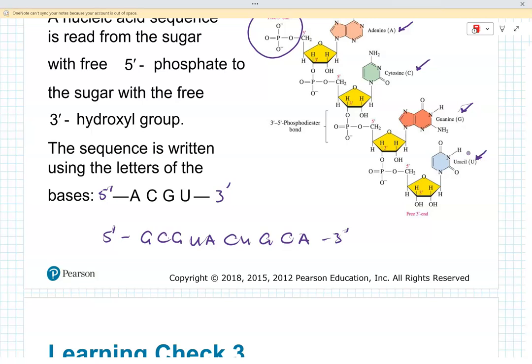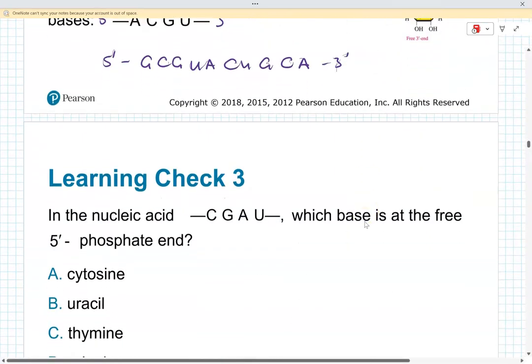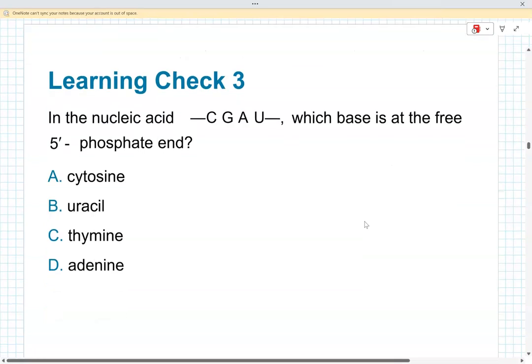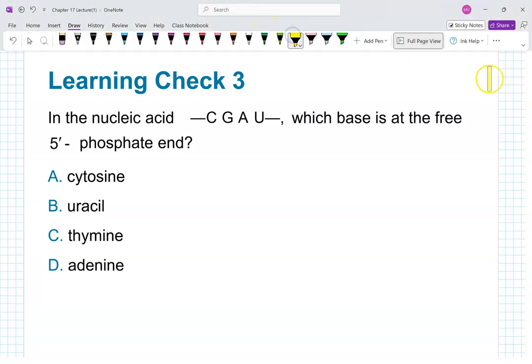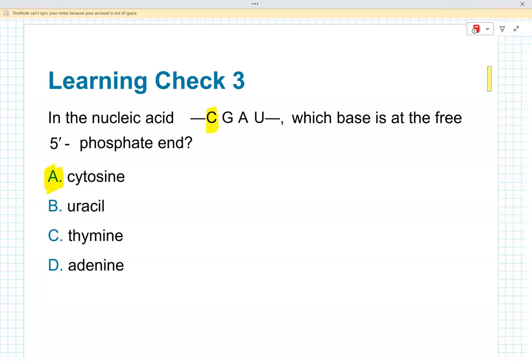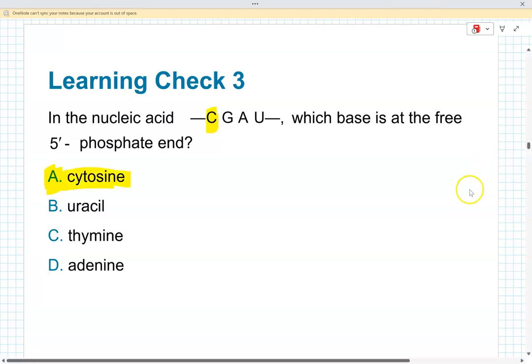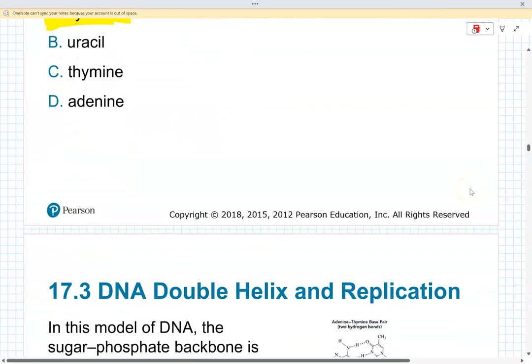I technically don't have to specify. So, which base in this example is on the 5' phosphate end? C. When you said A, I thought, sorry, A is in the middle. Yes, but the answer is A. Yes, cytosine. No, it's fine. It's fine. Okay?